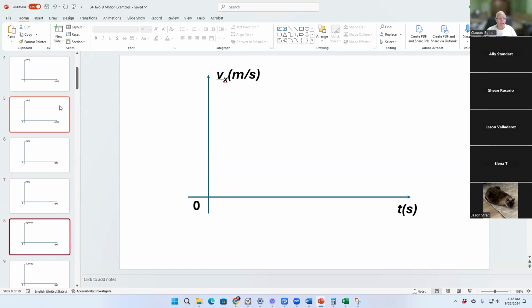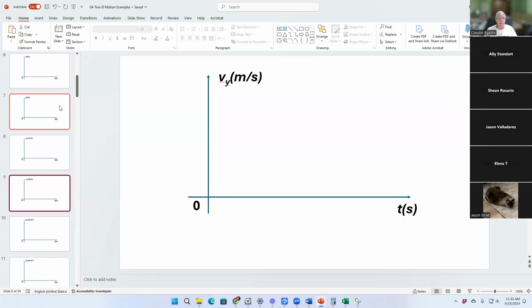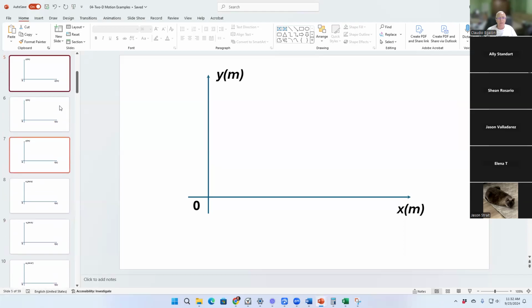Remember in 1D we had only X versus T, V versus T, and A versus T, but now we're going to have more, at least twice as much. Okay, Vy versus T graph, AX versus T graph, AY versus T graph. We have 1, 2, 3, 4, 5, 6 graphs.